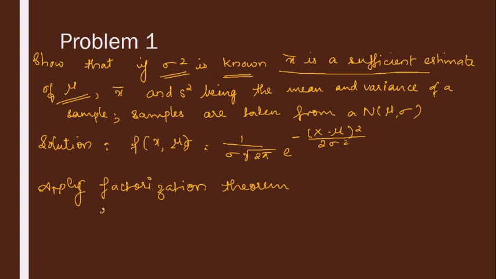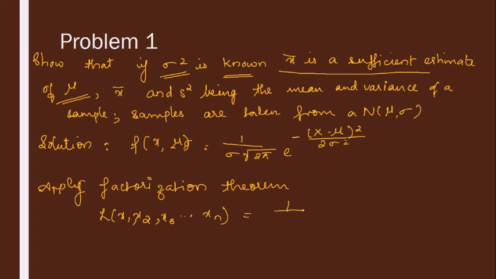So first of all, let's find out the likelihood function. As I said before, the likelihood function is usually represented as L of x1, x2, etc., xn, and this is equal to what?